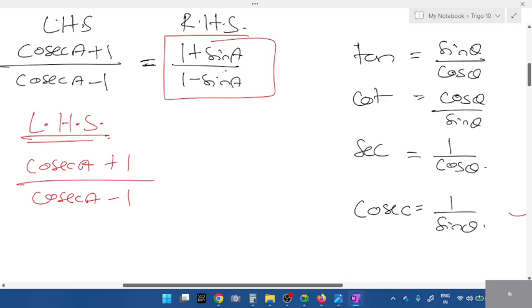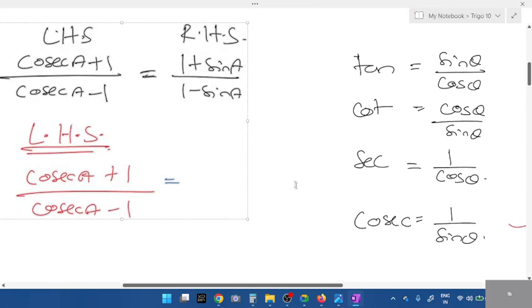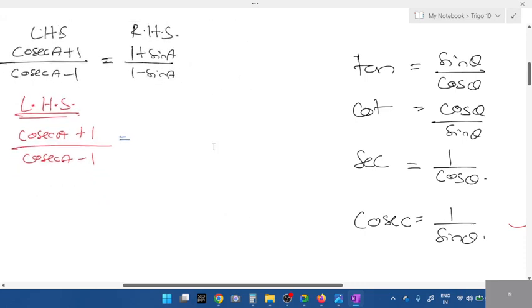You have to get 1 plus sine A divided by 1 minus sine A. So I have taken left hand side. Now, what's the first rule I told you? Whenever cosec or sec, anything is given, convert in terms of sine and cos, students. What is the cosec formula? Can someone respond? Cosec is 1 by sine A. So (1 by sine A plus 1) divided by (1 by sine A minus 1).